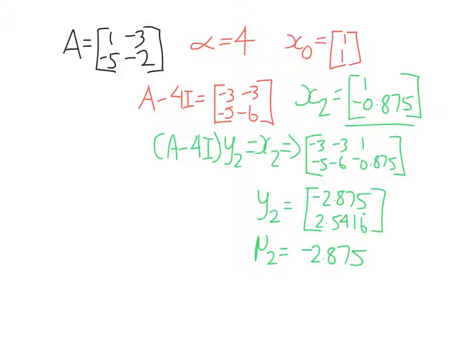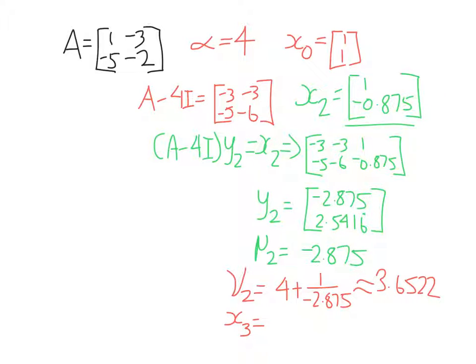So my estimate for the eigenvalue is 4 plus 1 over mu 2, which is about 3.6522.